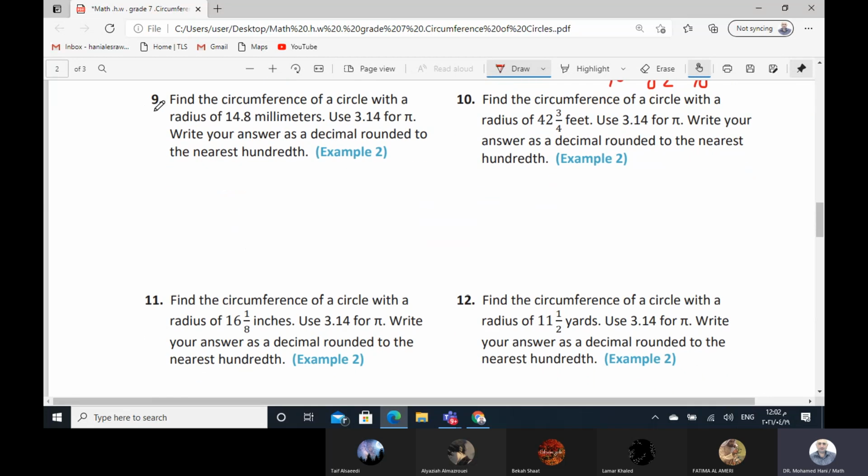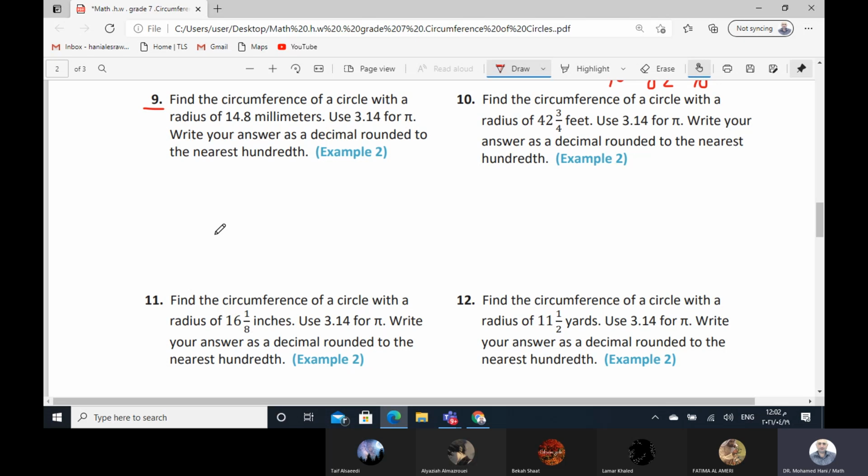Who can read exercise number 9? Taif, can you read it, please?